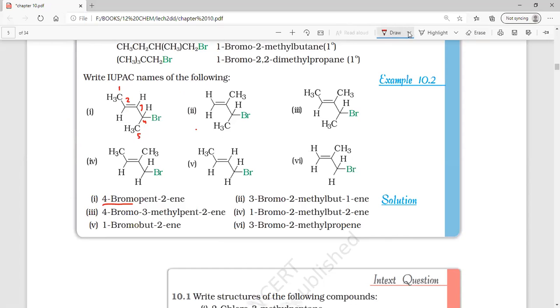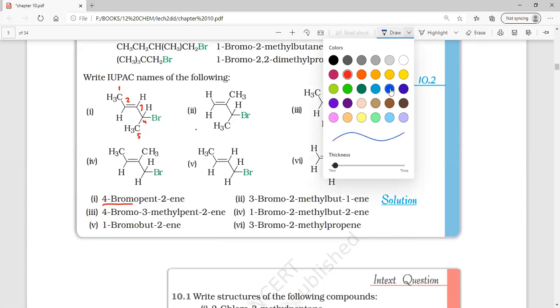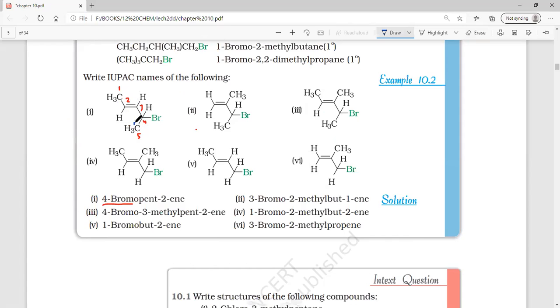Another way could be you count from this side 1, 2, 3, 4 and 5. So which one will be correct? The red one will be correct. What is the reason? The reason is the priority rule.